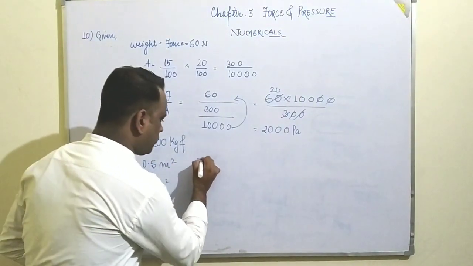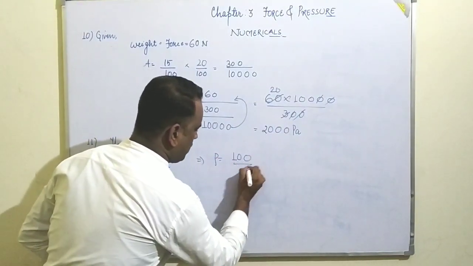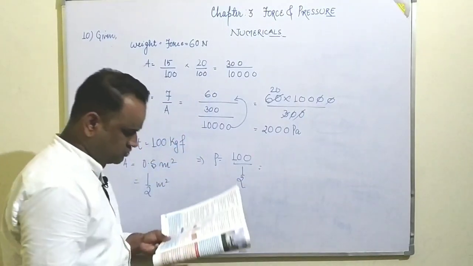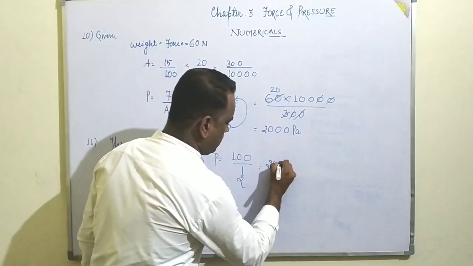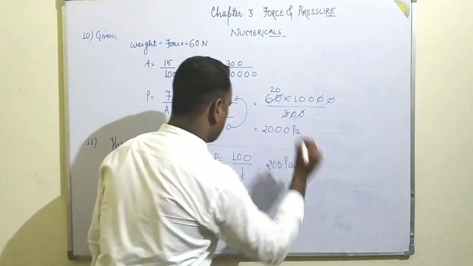So the formula is pressure is equal to thrust upon area. When the 2 goes in the upward direction, it becomes 200 Pascal will be the pressure for this question.